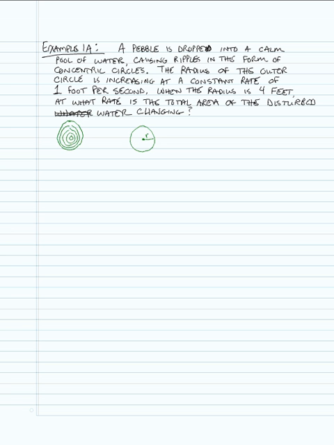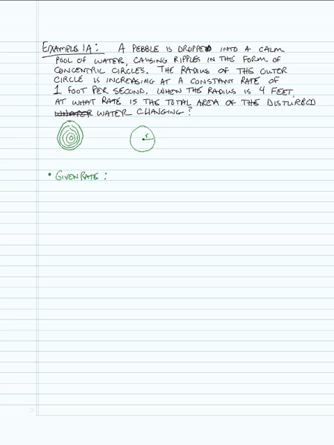Now here's the process that I would suggest that we go through. We want to first decide what information is given. And I'm going to actually say, what's the given rate? We have information that's given to us. And remember, we're talking about rates being something that's changing.